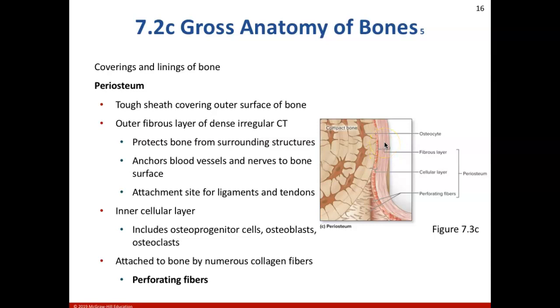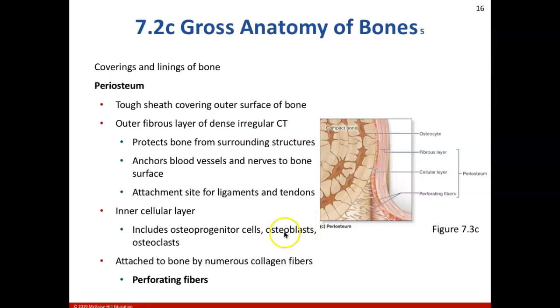It also helps to anchor blood vessels and nerves to the bone surface and serves as an attachment site for ligaments and tendons, well, the tendon portion for muscles to attach to the bone. And then for the inner cellular layer, which is more of a reddish tone in here, that's going to include our osteoprogenitor cells, our osteoblasts, and osteoclasts.